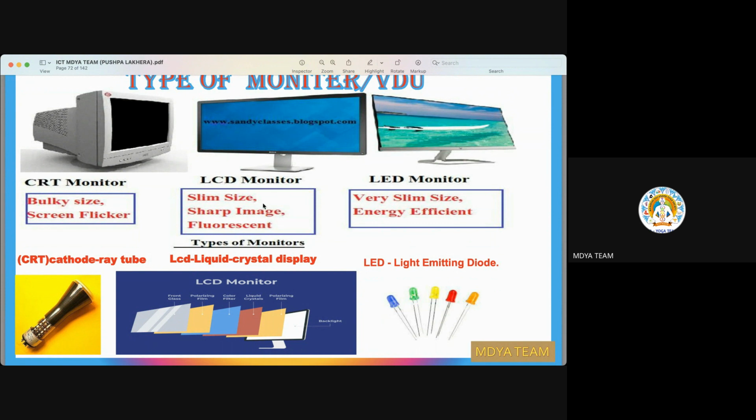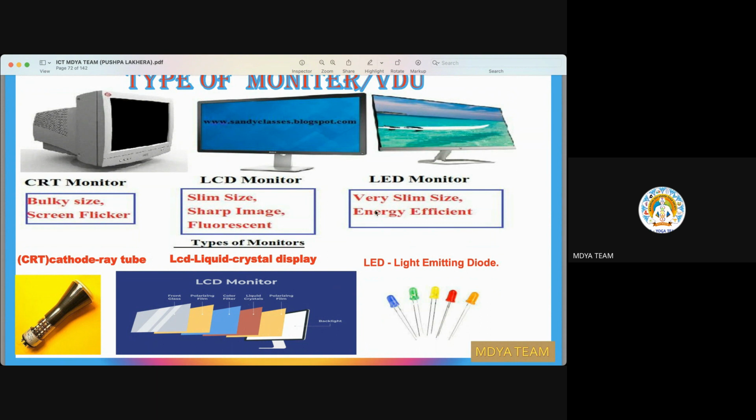Now the LCD monitor, here it is. There are so many layers: glass, then polarizing film, then color screen, then liquid crystals, which get charged and illuminated by the charge they receive according to the signal. So there are so many layers in LCD, the liquid crystal display.